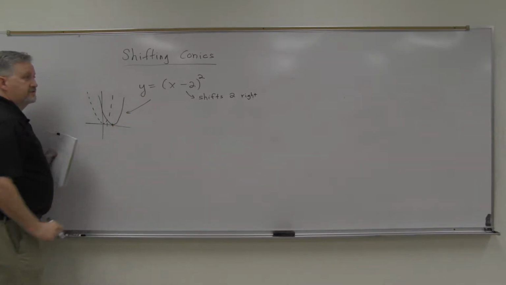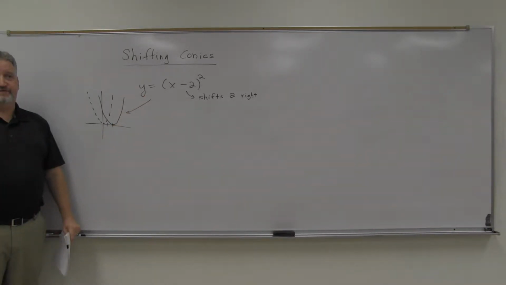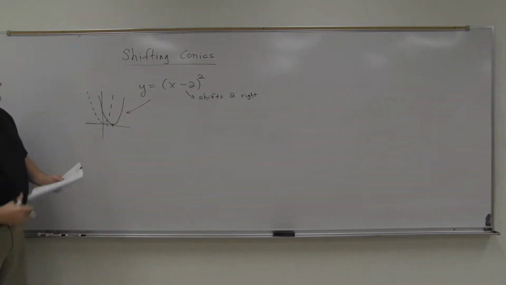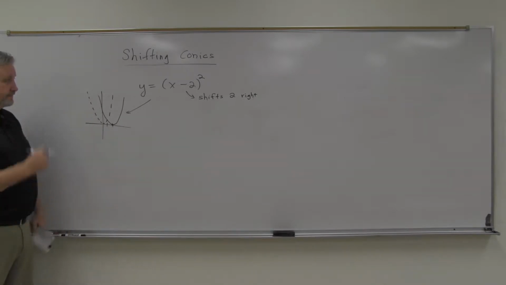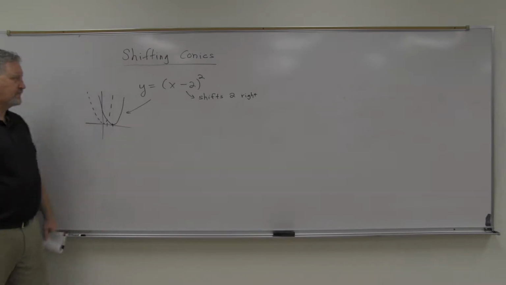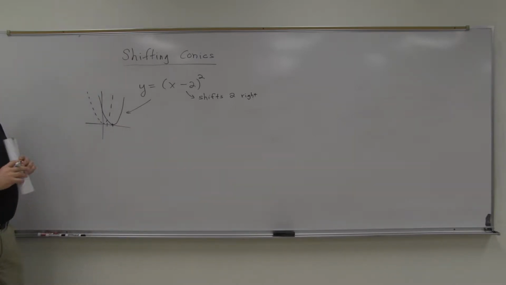So the vertex is shifted, and that's what we're going to do with this: talk about that special point. In this case, the vertex, but for ellipses and circles, hyperbolas, it will be the center.